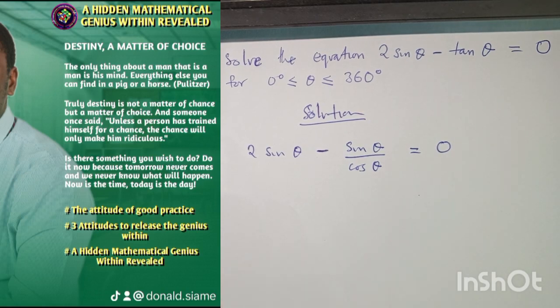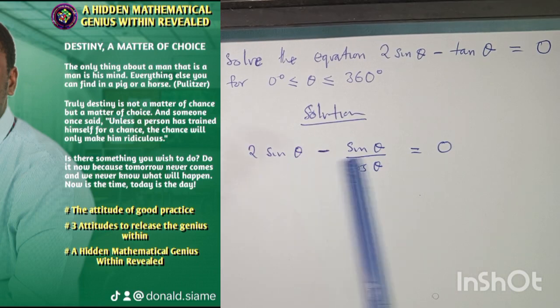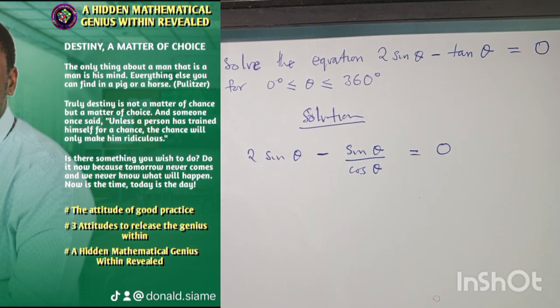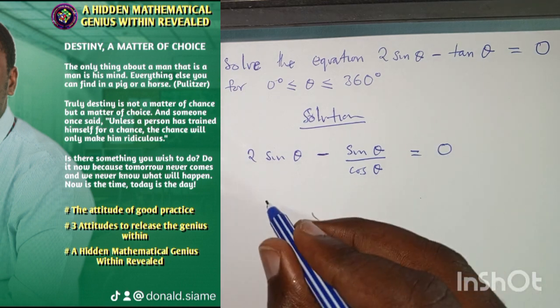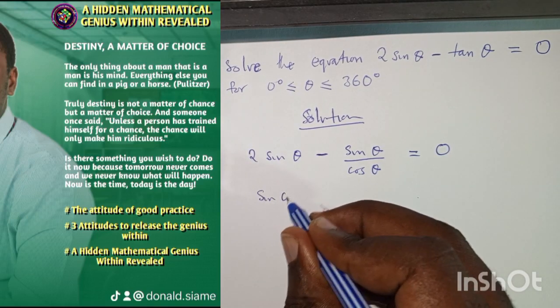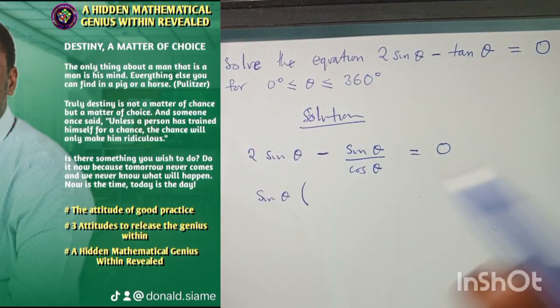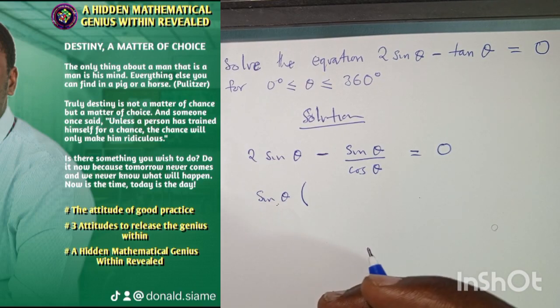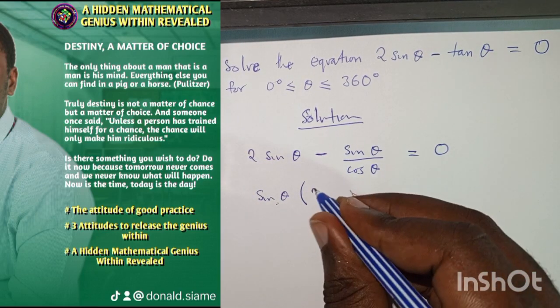Now if you look at these two terms, we can see that sine theta is common, so we are going to divide out sine theta. So 2 sine theta divided by sine theta, we are going to remain with 2.